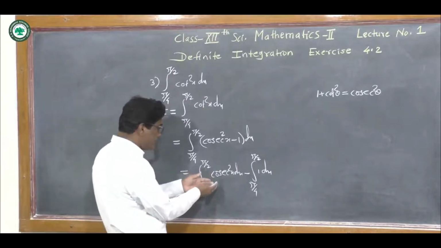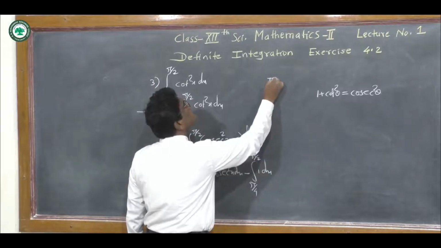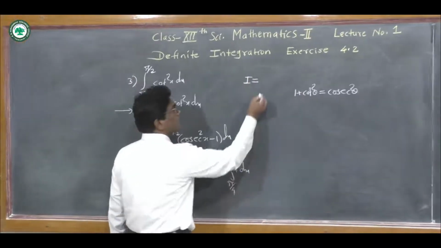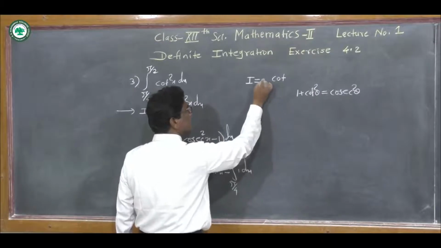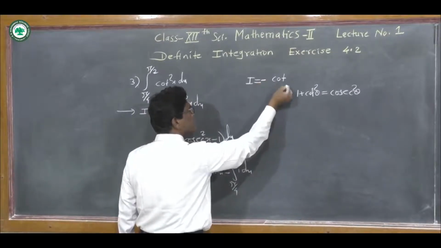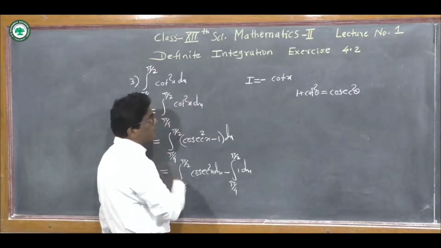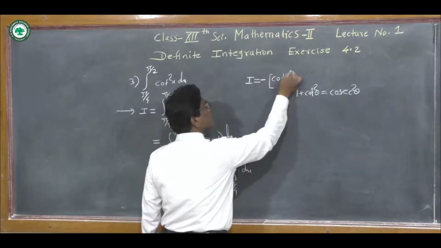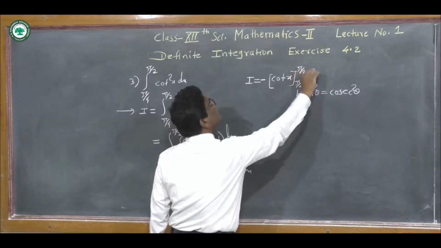And therefore integration of cosec square x is minus cot x, and integration from pi by 4 to pi by 2.